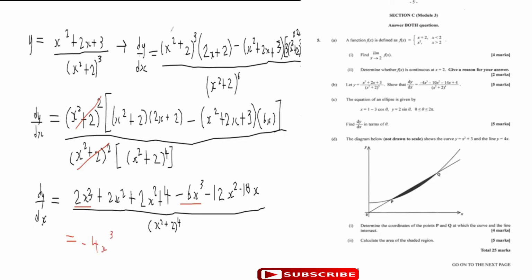Then your 2x squared plus 2x squared minus 12x squared, that's 4x squared minus 12x squared, which is minus 8x squared. Then you have minus 18x.